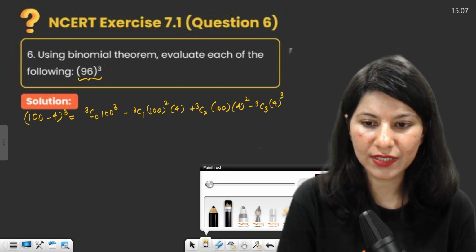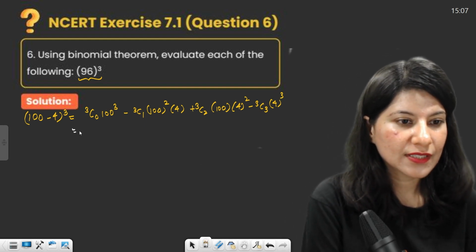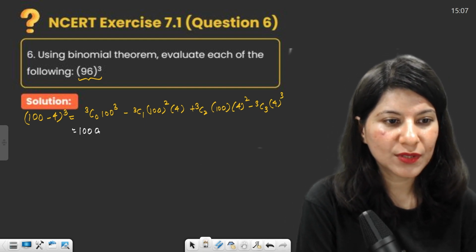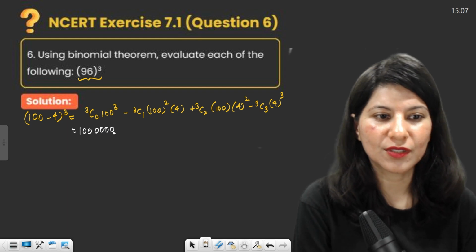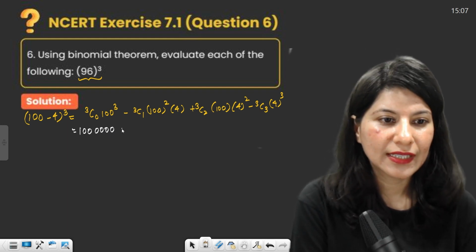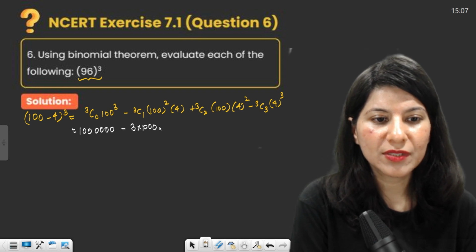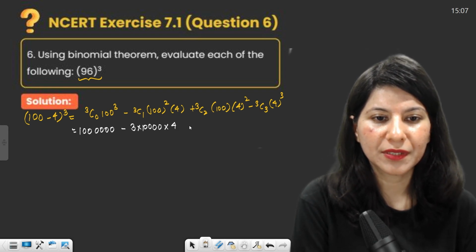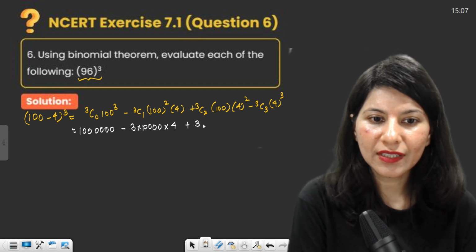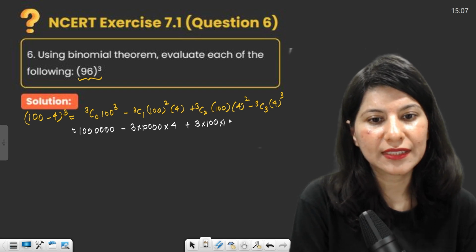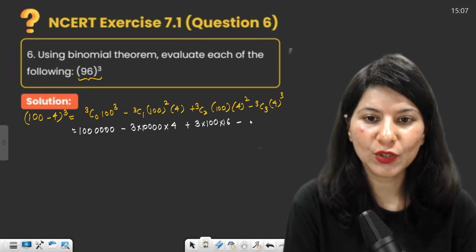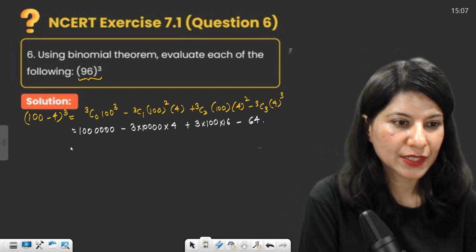Minus sign already adjusted this time. So this is 100 cubed, 1000000. 3C0 is 1. 3C1 is 3 into 100 squared into 4, plus 3C2 is also 3 into 100 into 16, minus 4 cubed is 64.